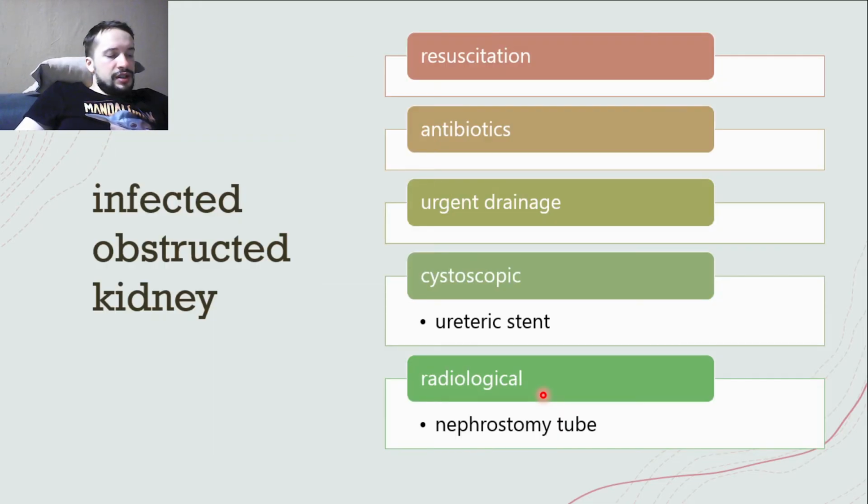In the setting of an infected obstructed kidney, resuscitation, antibiotics, and urgent drainage of the collection system should be undertaken. Decompression can be achieved either by cystoscopic insertion of a ureteric stent or radiological insertion of a nephrostomy tube. Once the sepsis has been adequately treated, definitive stone treatment is undertaken on an elective basis.